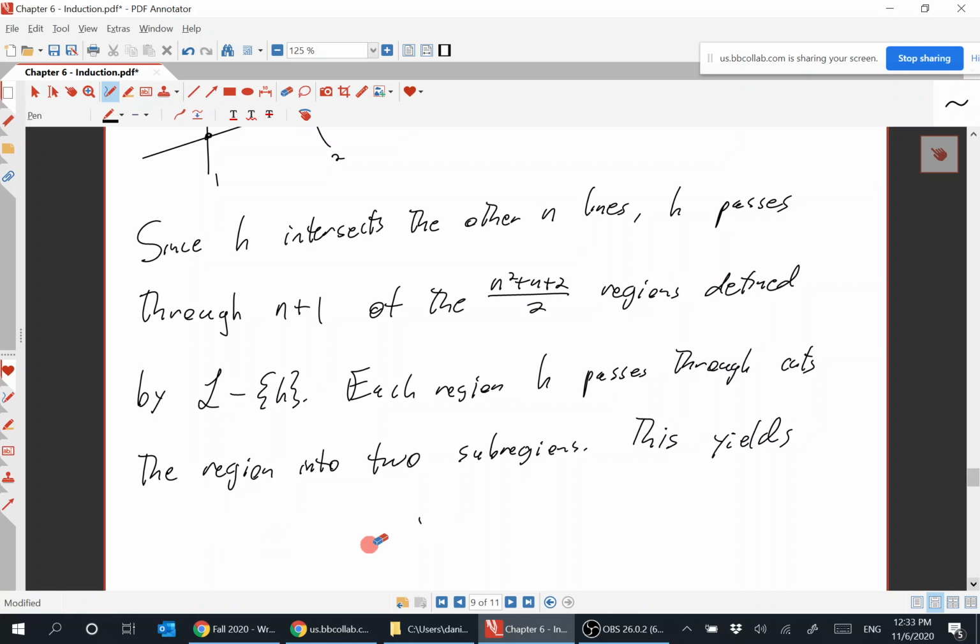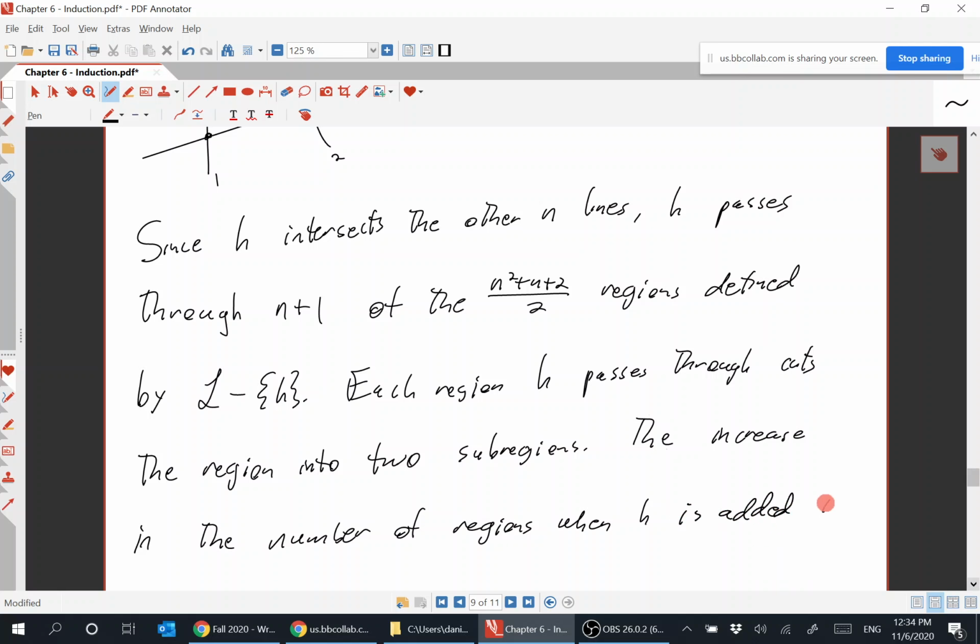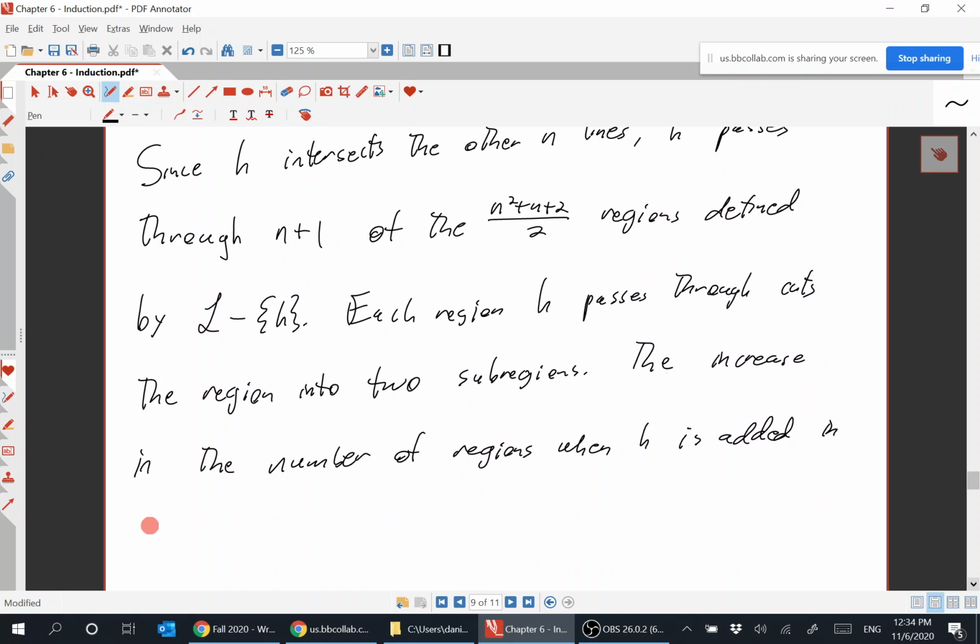So the increase in the number of regions when H is added in is therefore how much? The total increase in the number of regions.